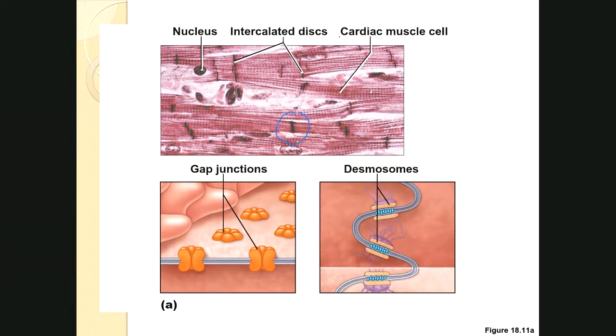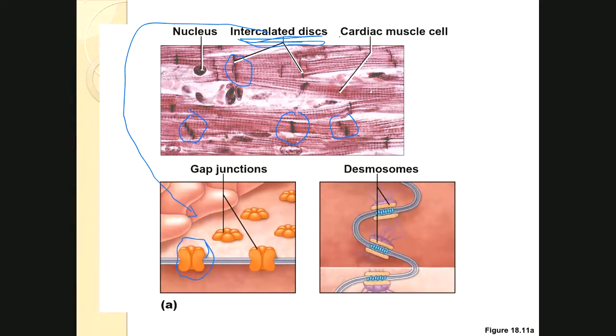There is something very different and unique about cardiac muscle, though, and that's these things. Everybody remember what those are? What are they called? They're intercalated discs. And if you look at an intercalated disc, you blow it up, this is what they look like. Look, they're just channels is all they are.